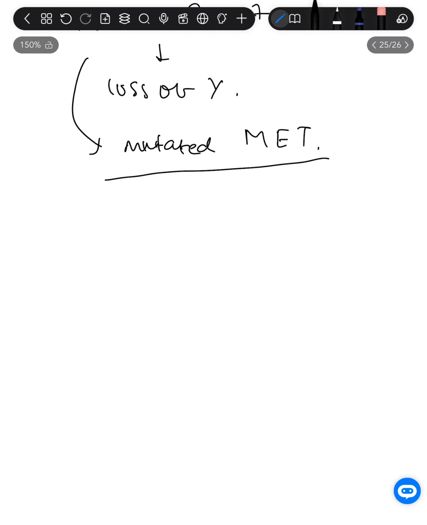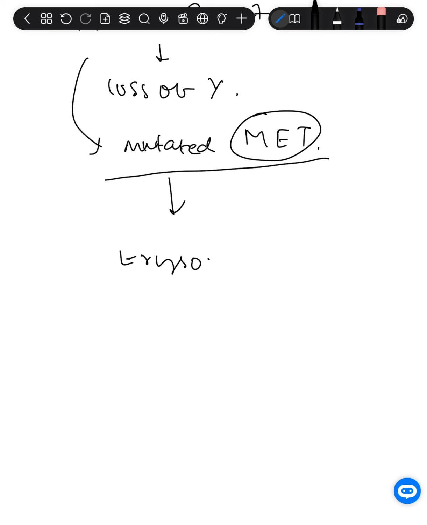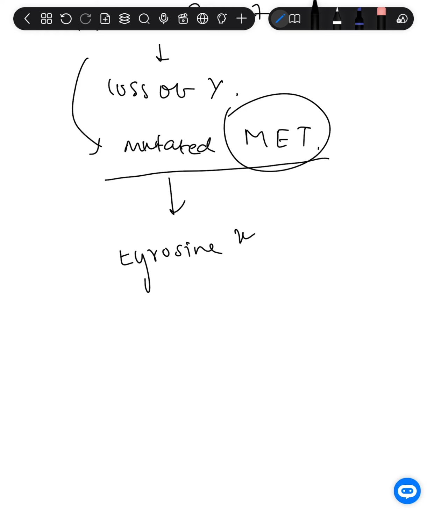This mutated MET is a tyrosine kinase receptor for HGF, hepatocyte growth factor.